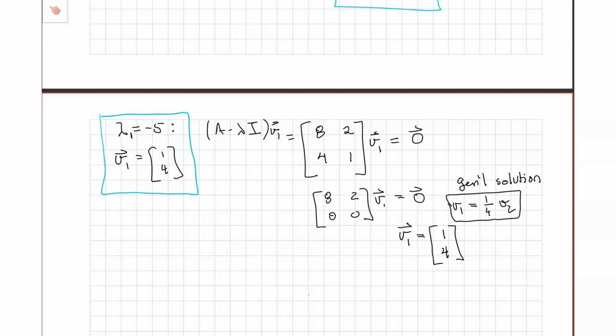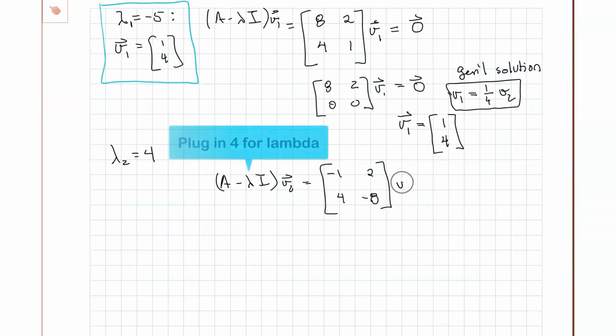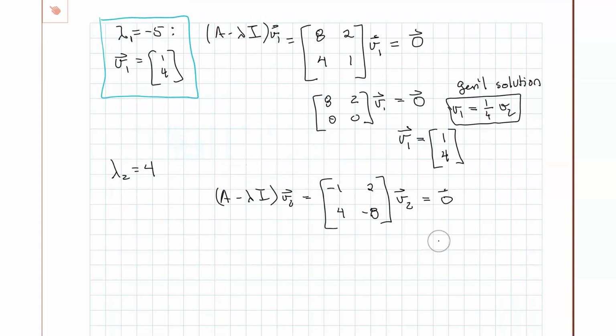Now let's find the eigenvector that is going to be associated with lambda 2 equal to 4. Okay, so finding the eigenvector associated with eigenvalue 4 requires solving this homogeneous system where I've just plugged in 4 for lambda. And if I solve this, I'll see that the first component is equal to 2 times the second component.